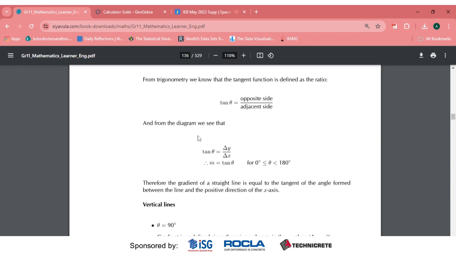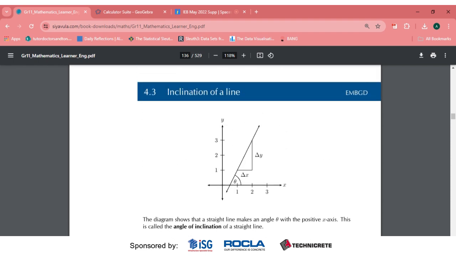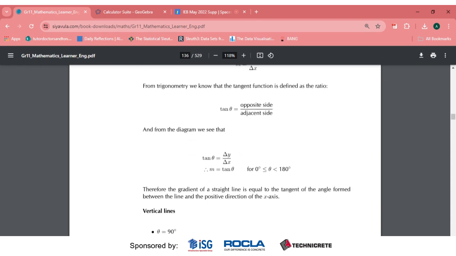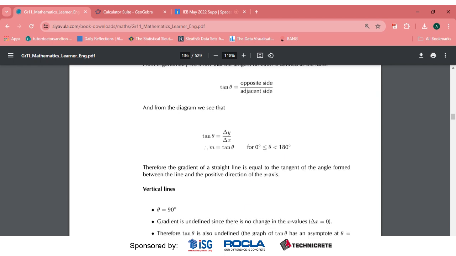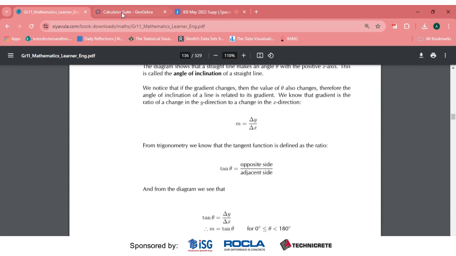If we look at our diagram again, this change in y and this change in x, and if we were to draw a trigonometric triangle, we can see that the gradient is given by tan theta as long as theta lies between 0 and 180 degrees.